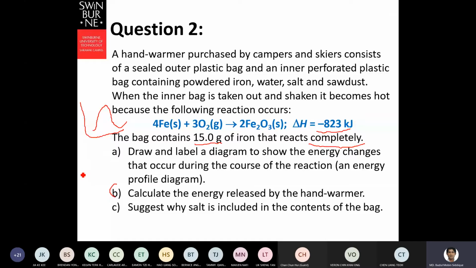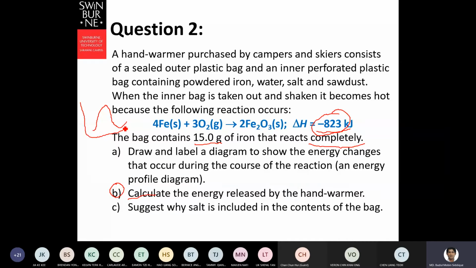Question number B is something that makes us interested: how much energy will be released. It already says 823, right? Then why is the question asking how much energy will be released? We have to calculate. Why?